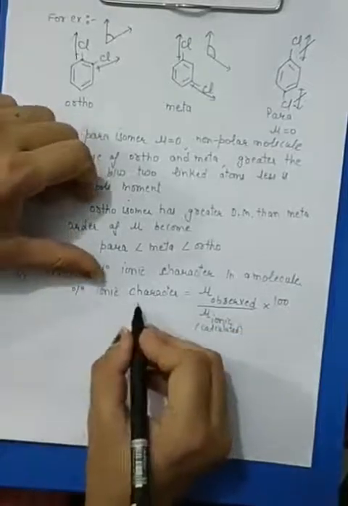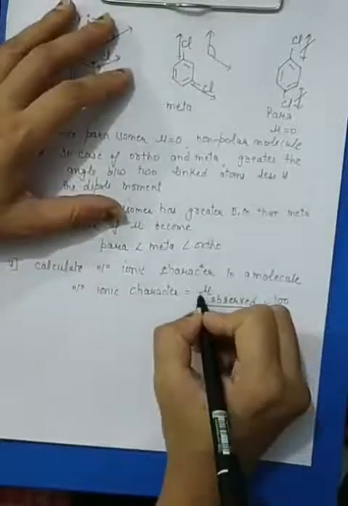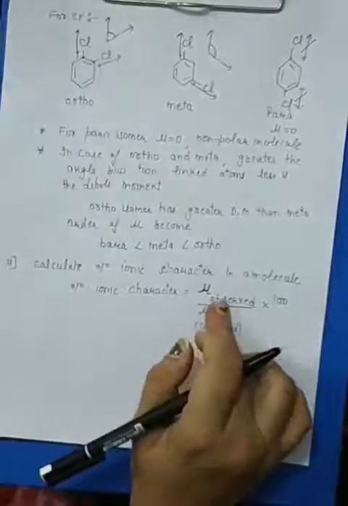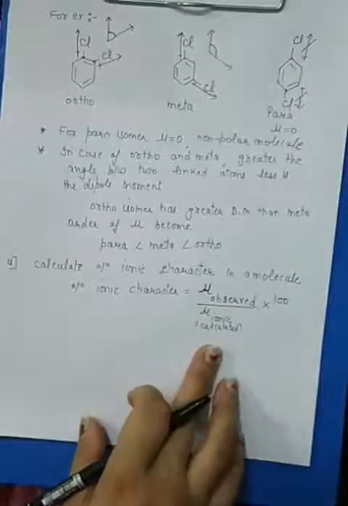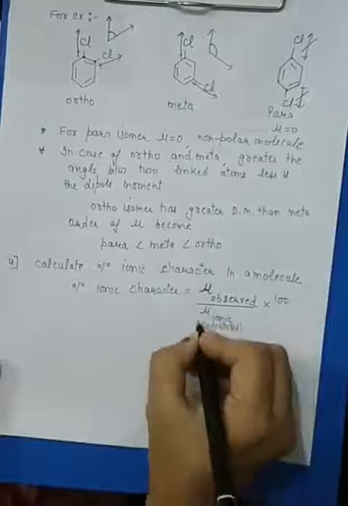So to calculate the percentage ionic character, this is the actual dipole moment of the molecule which is given, and this one is the value calculated by us from the given information.